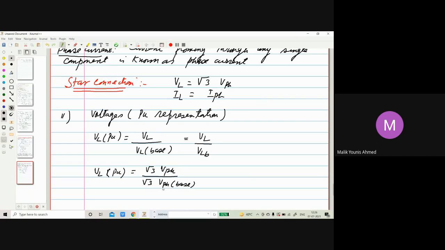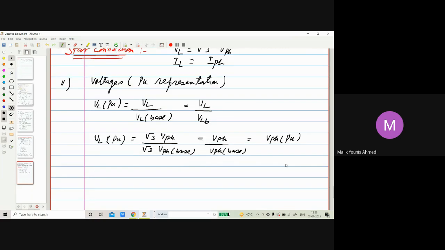In terms of phase, again it will be the same. Relationship is not going to change. So that will be V phase divided by V phase base, that is actual value in phase divided by the base value in phase, which is V phase per unit.